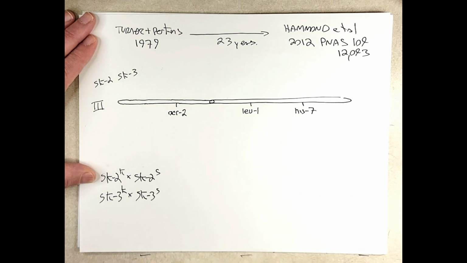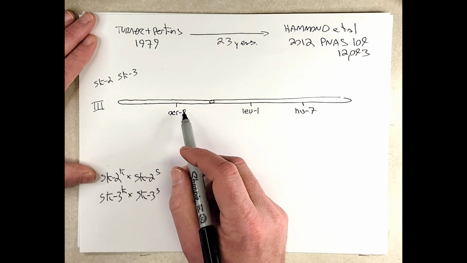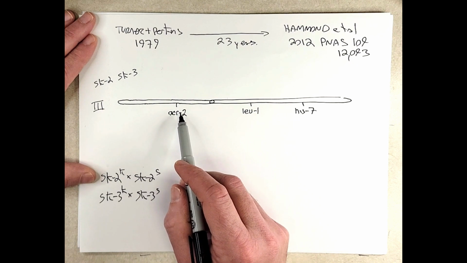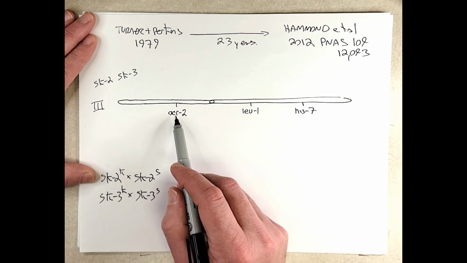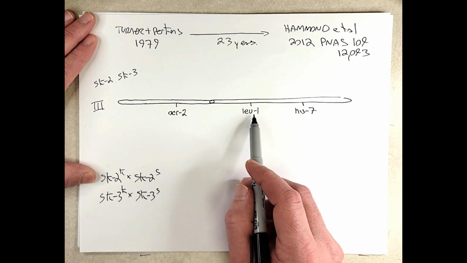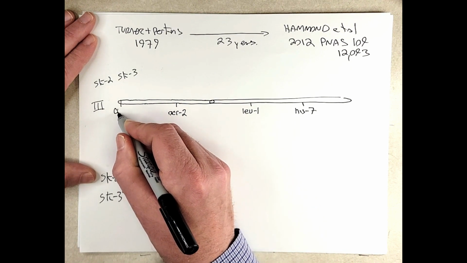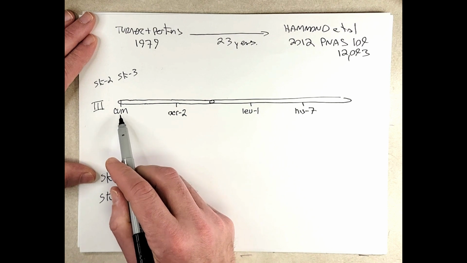So 23 years go by and researchers are still looking at SK2 and SK3, and they discover a lot of important things. Essentially, the region of suppressed recombination is much longer than the interval demarcated by ACR2 and LU1. So I'm going to put another gene out here, cum, for cumulus.